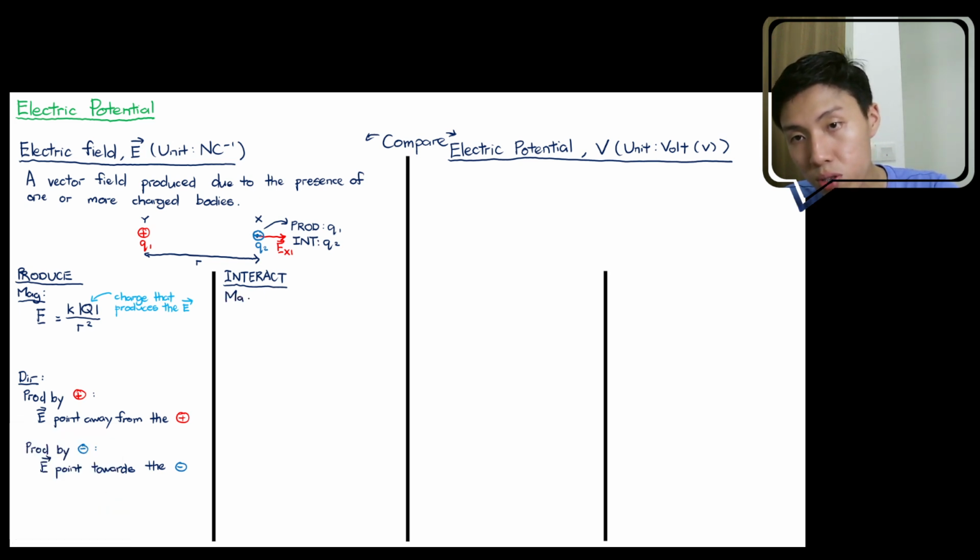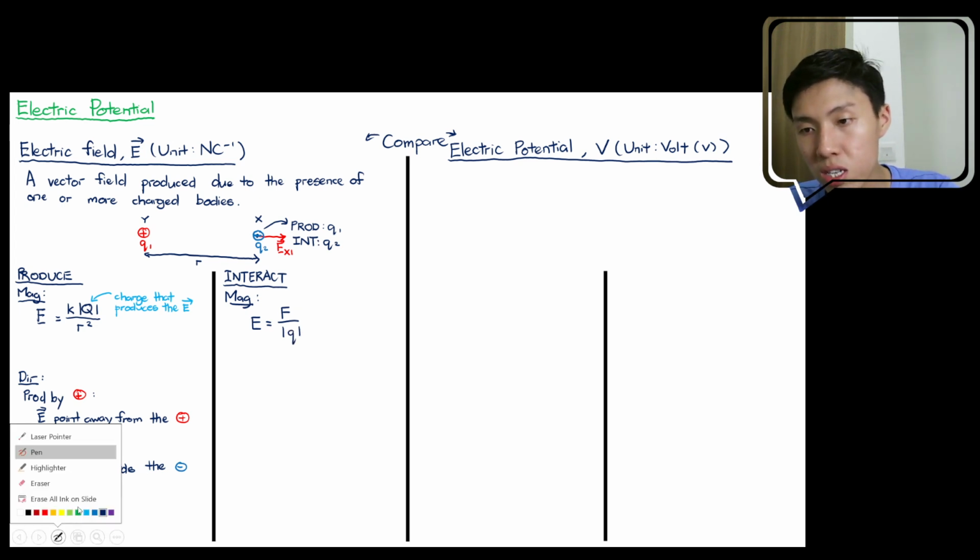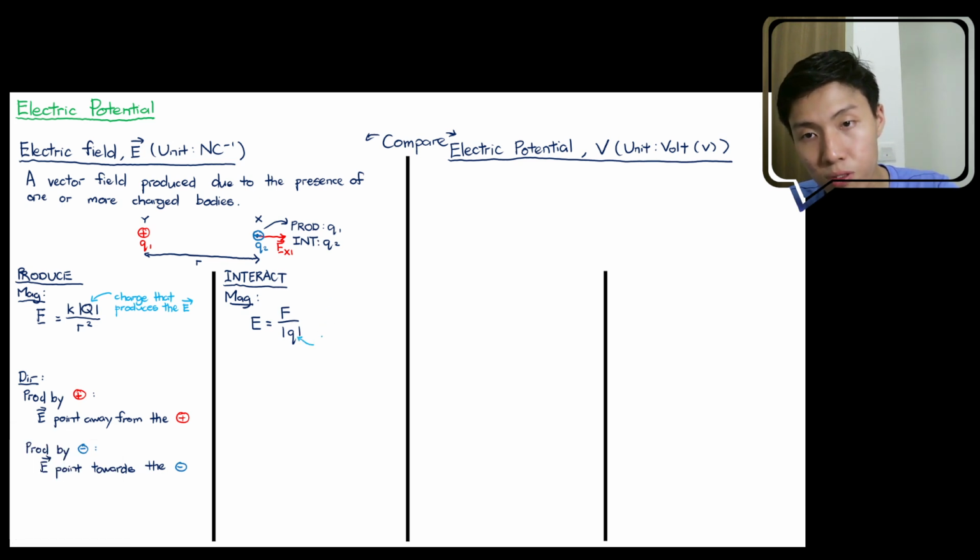So if you want to study the magnitude of this interaction, then we can use the equation in which the electric field strength is equal to the force experienced by the charge per unit charge. Okay, so this equation here, we need to be very careful, in which you need to know that the Q over here is the charge that interacts with the electric field.